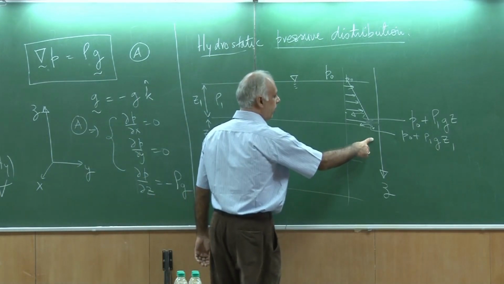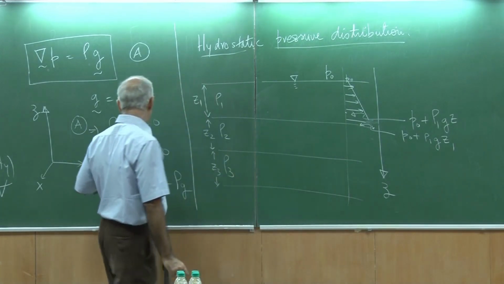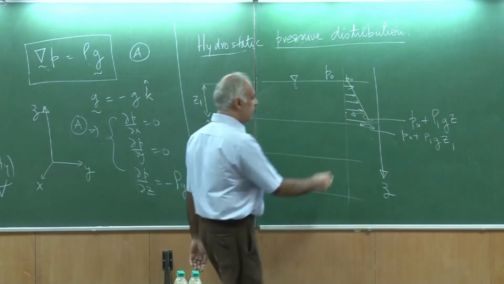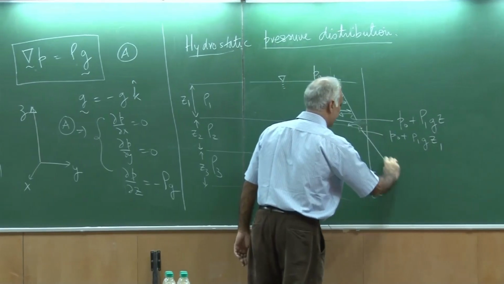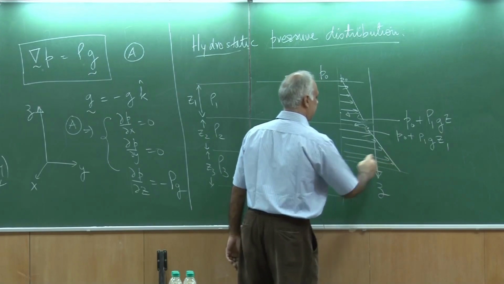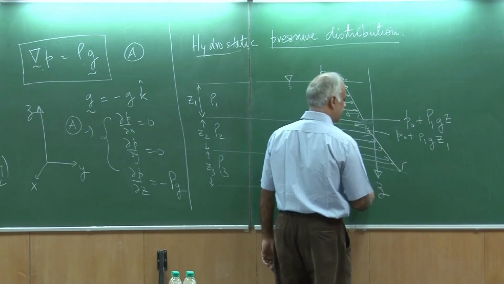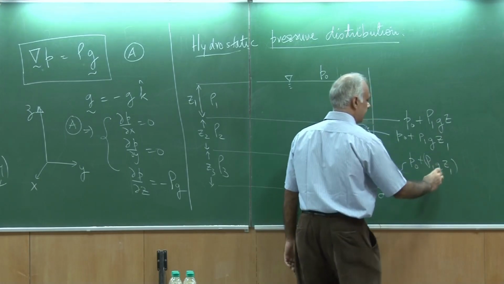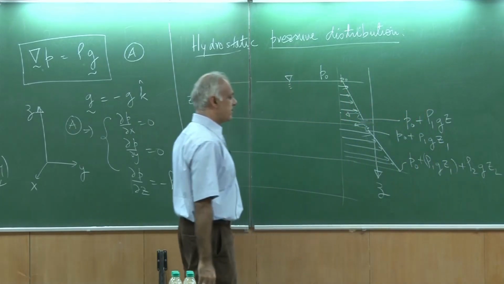Now, when I come to a point in fluid number 2, then I would have to integrate this equation, because when I integrate it, I have to account for the change in density. So the pressure would vary linearly here, and it could have a different slope. So maybe it has a slope like this. So this pressure here at the end would be P0 plus rho 1 g z1 plus rho 2 g z2.